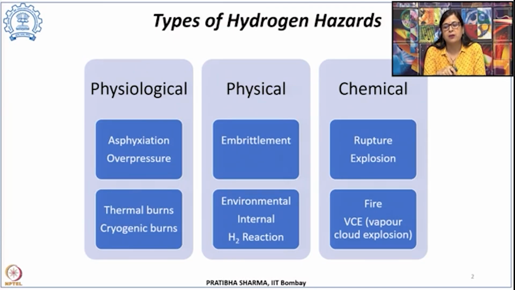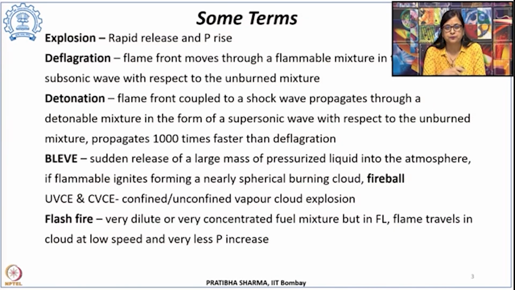Or there could be chemical hazards, which can be because of chemical reactions taking place with the material, or oxidation or combustion of hydrogen air mixture that can lead to fire, or even rupture of the tank because of different chemical reactions or vapor cloud explosion. All these we will see in little more detail.